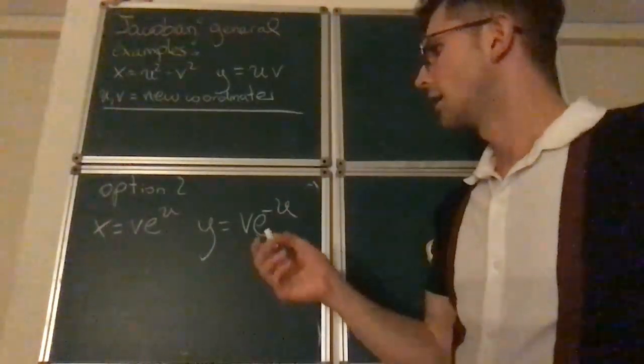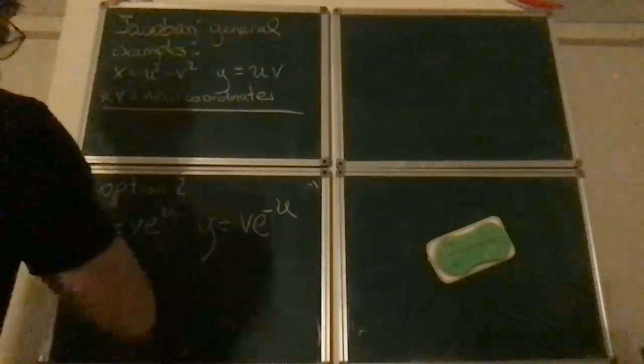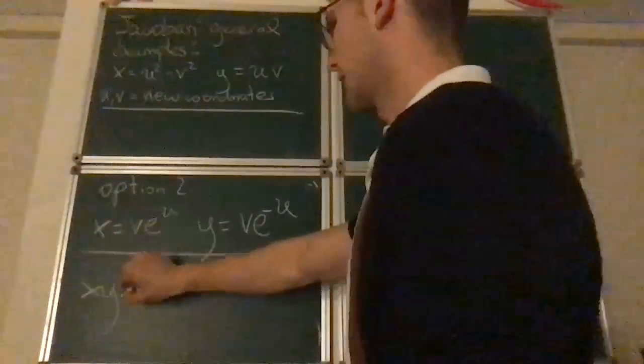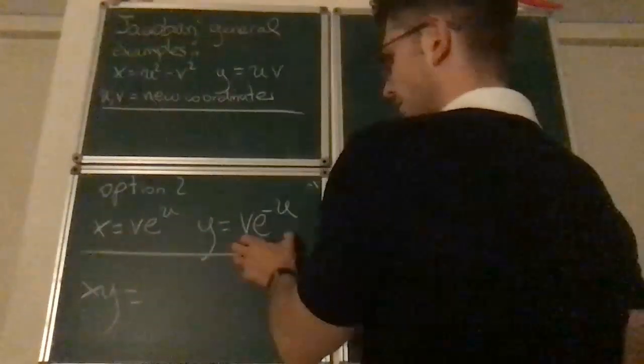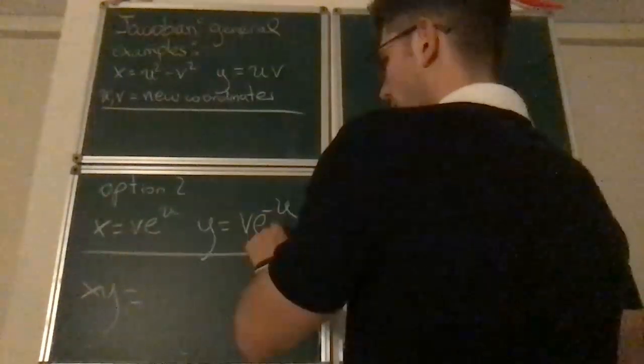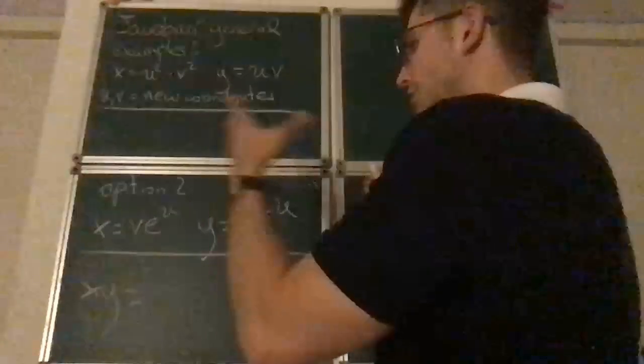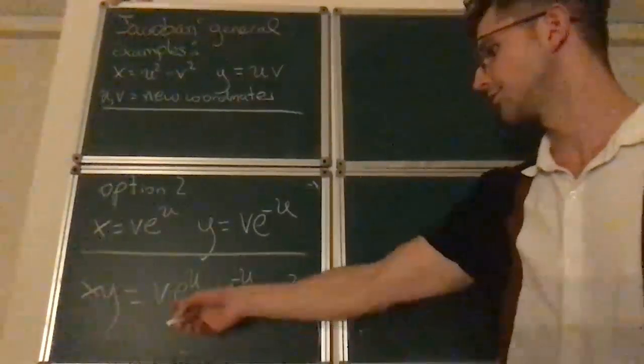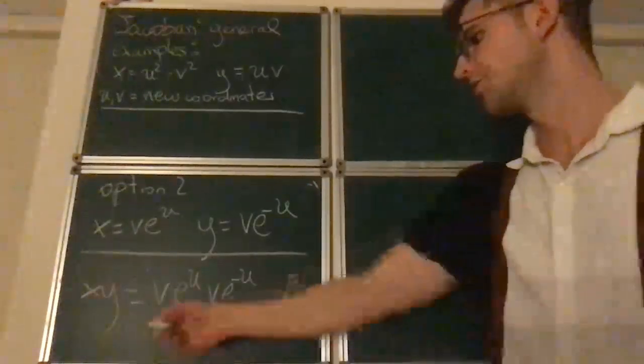Why is that? What if you take x times y? Notice that when you multiply this times this, e to the u times e to the negative u just goes away, because these two exponentials cancel each other out, so you just get v squared.